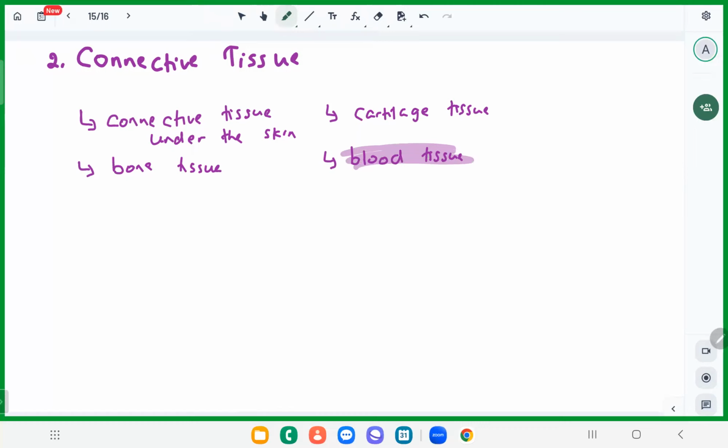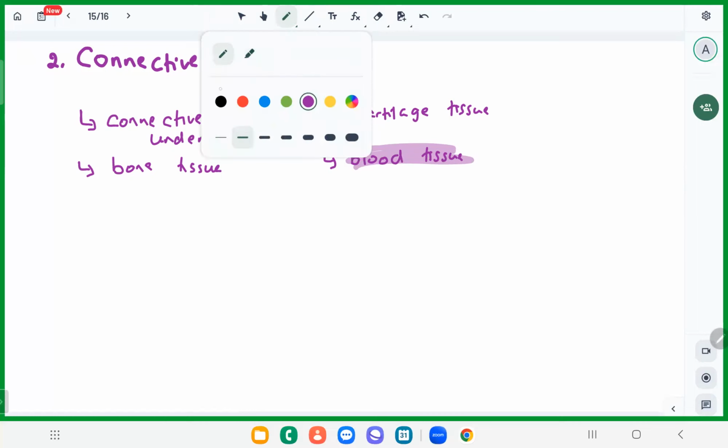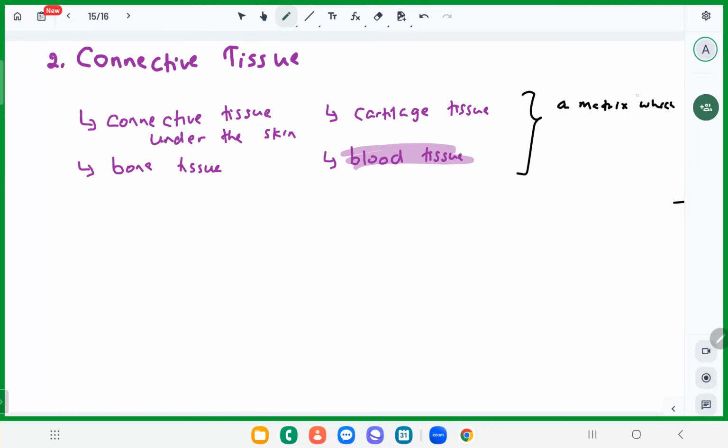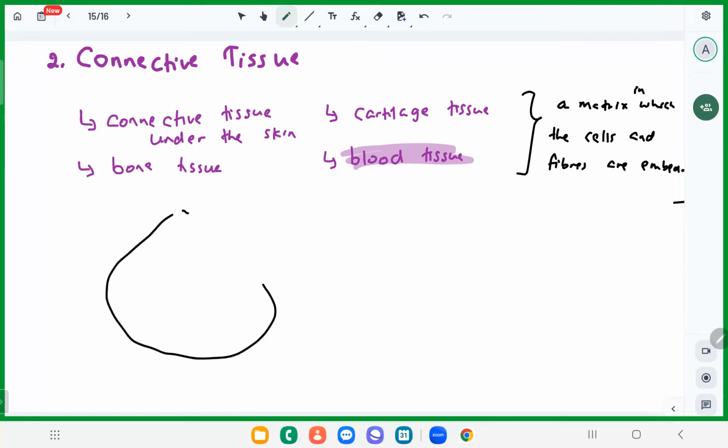Now, if you consider all of these connective tissues, what all of them have in common is that all these tissues have a matrix in which the cells and fibers are embedded. So in all these connective tissues, you have something called a matrix.